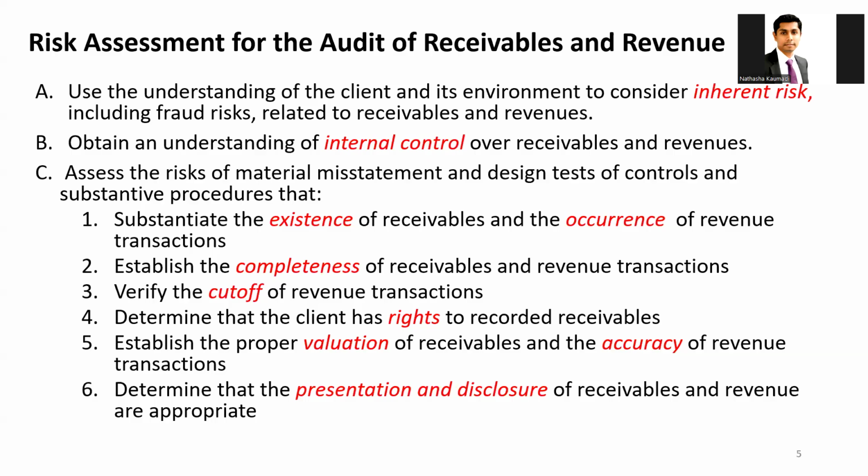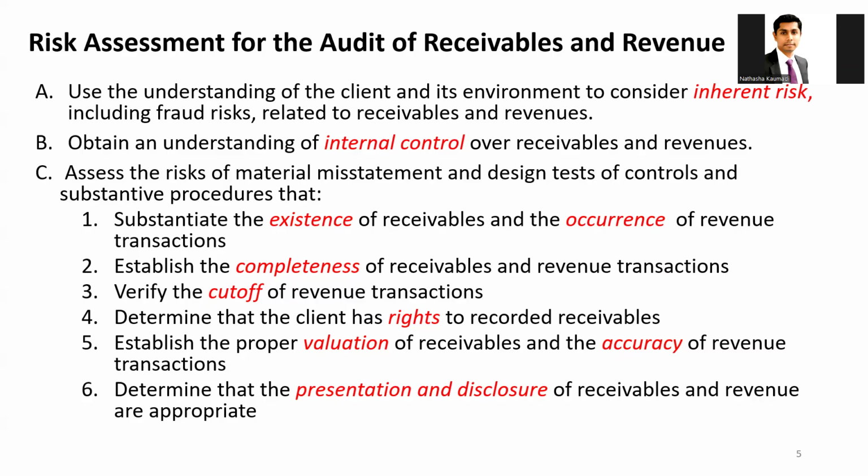And then you understand point B, understanding the internal controls. We have discussed the internal controls separately. So you try to understand what are the internal controls they have over revenue and receivables, whether they have proper controls in place, whether they have designed the internal controls very well.